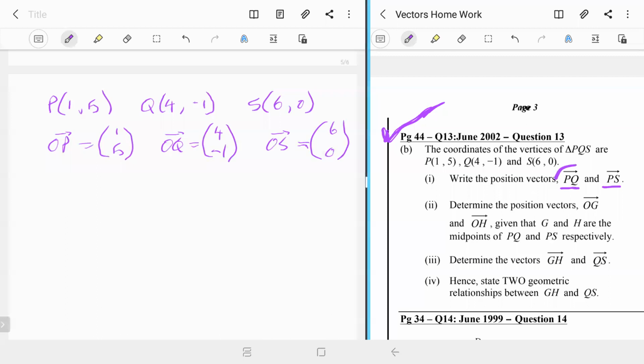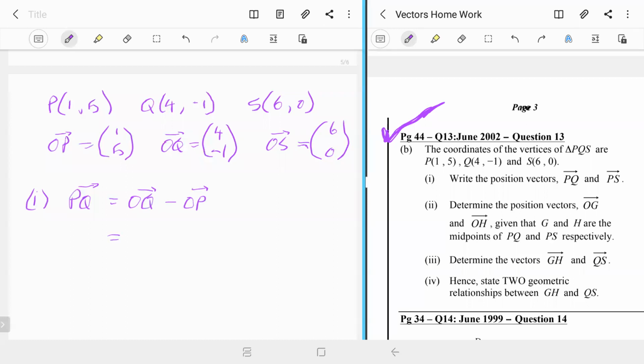The first question wants us to find PQ and PS. So we're going to write PQ and PS right there. Part 1, PQ. What is PQ equal to? PQ is equal to O times the last minus O times the first. So it is equal to OQ minus OP.